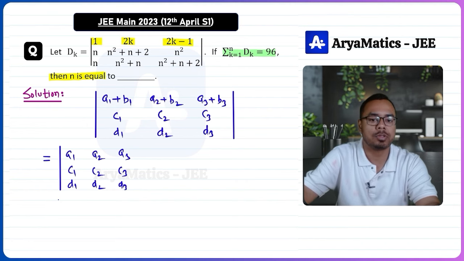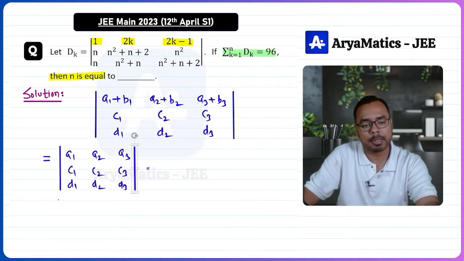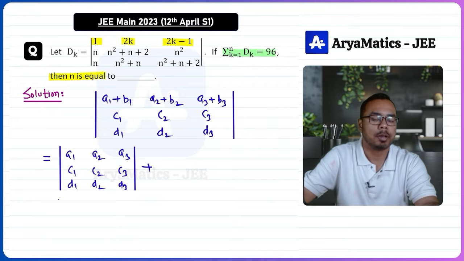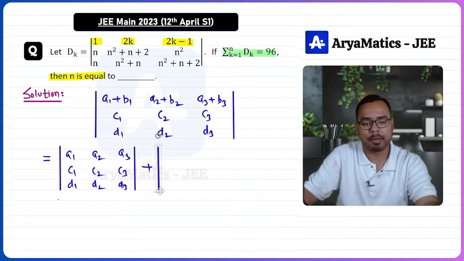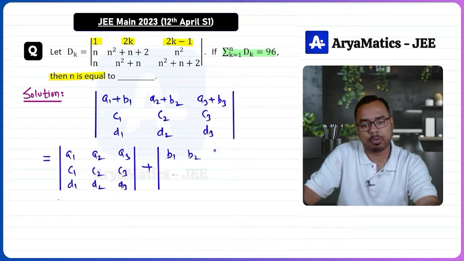This will be one of those two determinants. And for the second determinant, you can take the second element only. For the second determinant, the first row will be b1, b2, b3. Then here you have c1, c2, c3, and then we have d1, d2, d3.